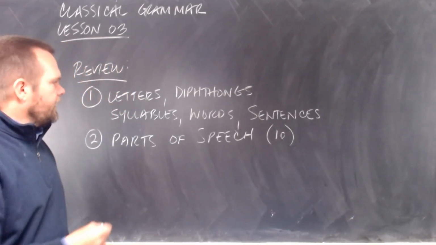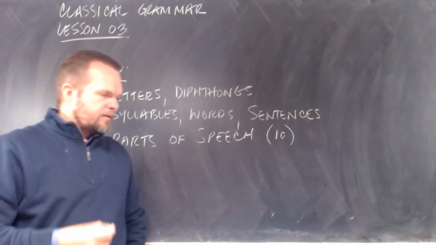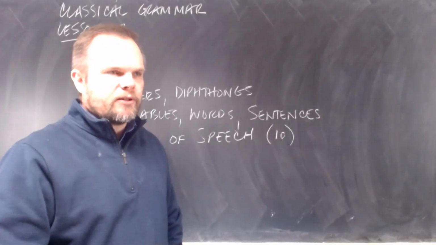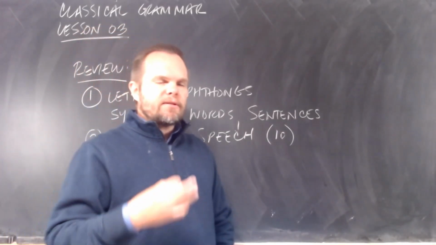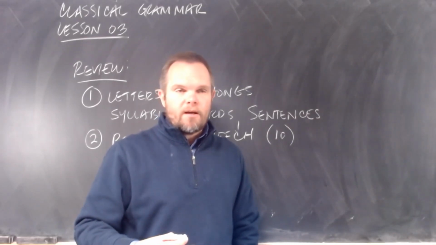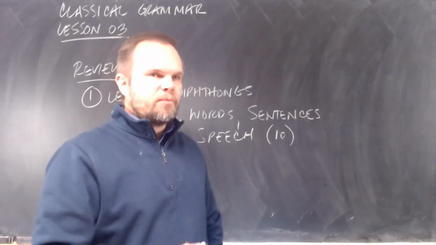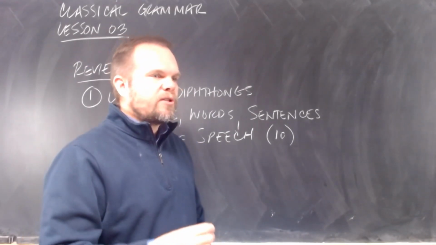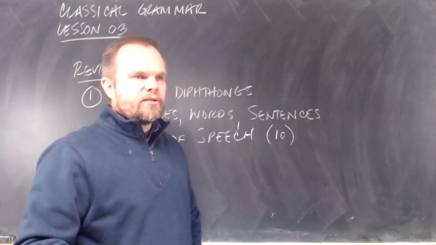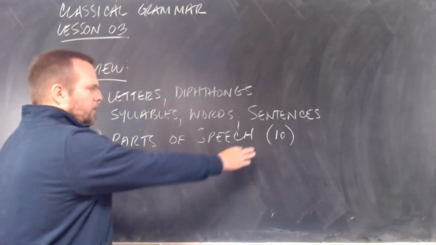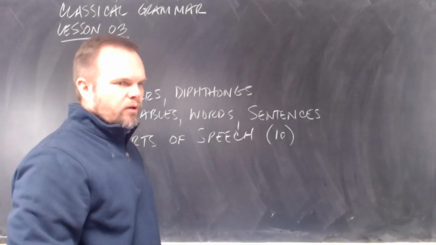What this means is that sentences are made up of words. Words are the parts of speech. But because there are thousands and thousands of words, we can't possibly study all the words before we speak. And so what we do is we divide the words into classes. We find that there are only 10 different classes of words.